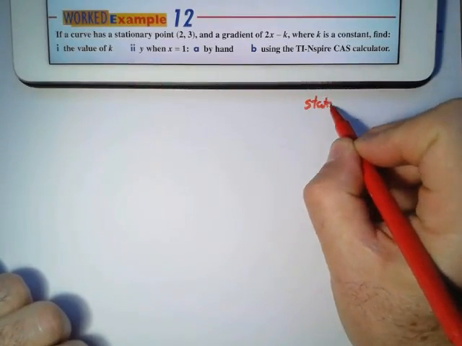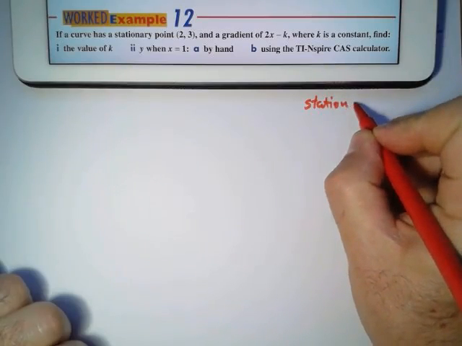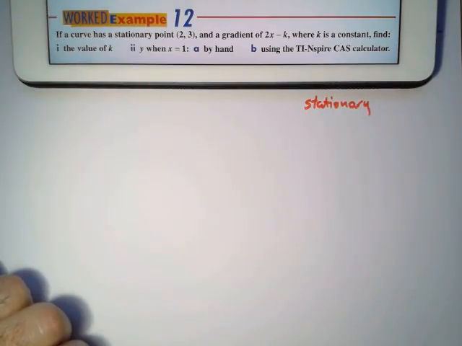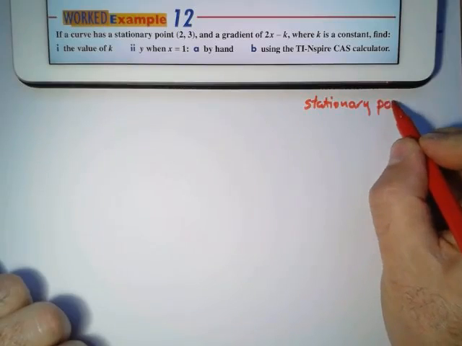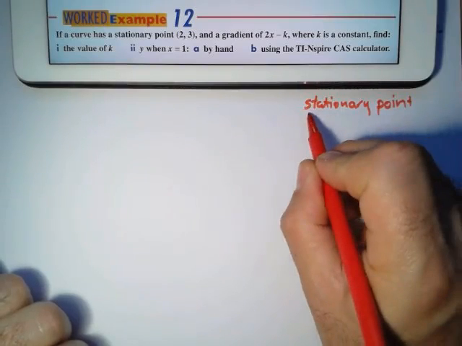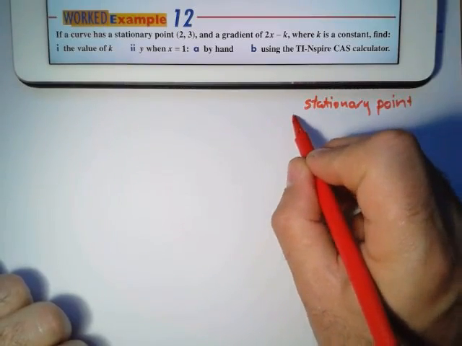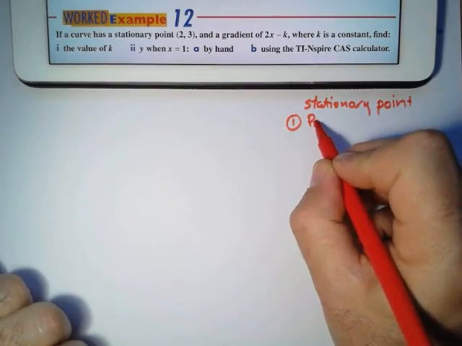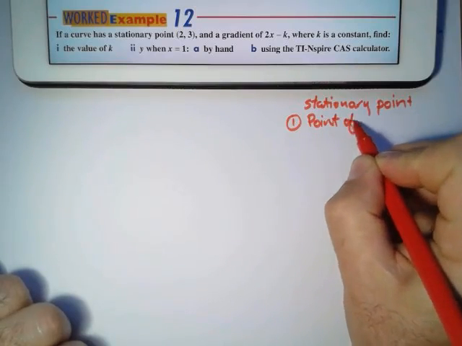So remember a stationary point, stationary, like in a train station, is a place where a train comes to rest. So a stationary point is one point of rest.